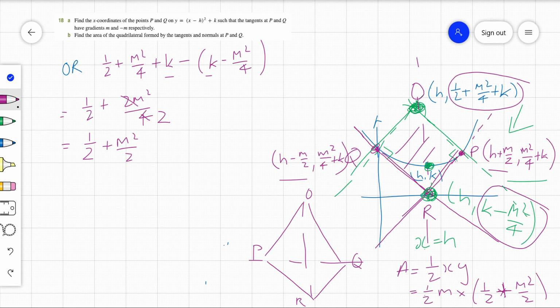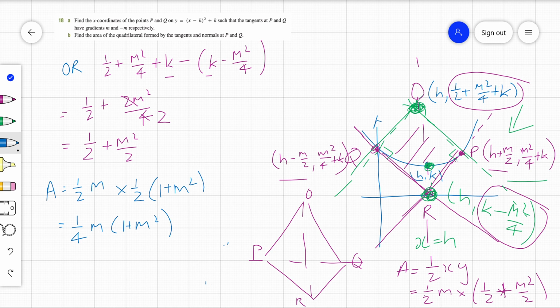Actually, I might factorize by half, so let me do it in blue over here. So I've got half m, and I'm going to put half outside of 1 plus m squared. So that makes it easy because I can see it's a quarter m times 1 plus m squared. Or I could say m on 4. You can put that any way you want, really. So that's going to be my area, units squared, of that quadrilateral formed.